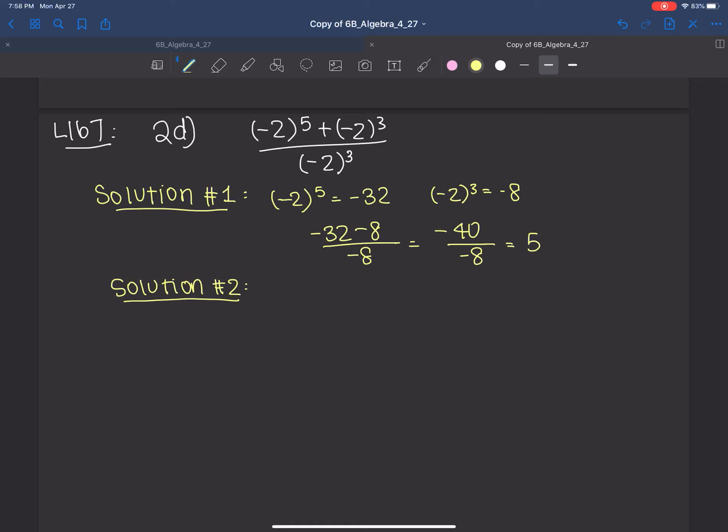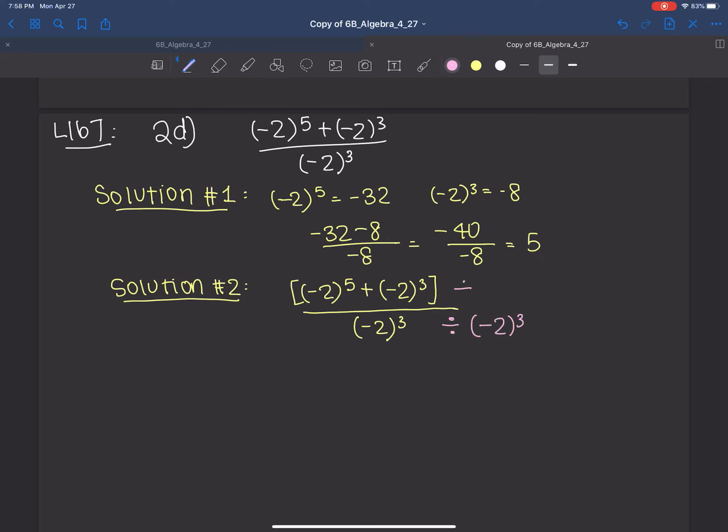So someone pointed out in class that both the numerator and the denominator have this minus 2 cubed. It'd be a lot easier if that minus 2 cubed weren't there, or rather, if the denominator were 1. So if the denominator were 1, that means we'd have to divide it by minus 2 cubed.